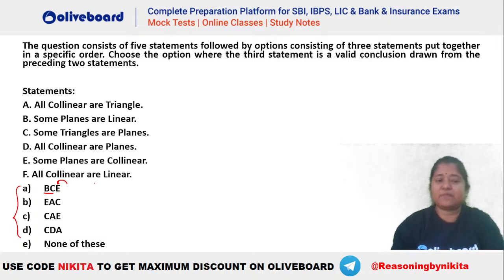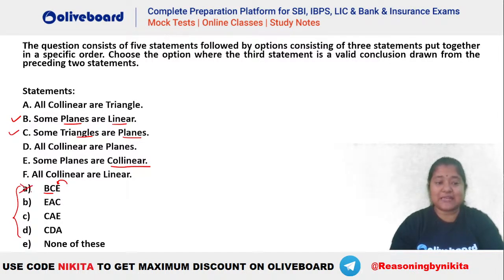Let's say if you take B, C and E, that means you are saying some planes are linear and some triangles are plane. So you can see the variables that you use are plane, linear and triangle, right? So we are not having collinear when we take your B and C. But in E, you can see some planes are collinear. This is a new variable that was not there in the statements.